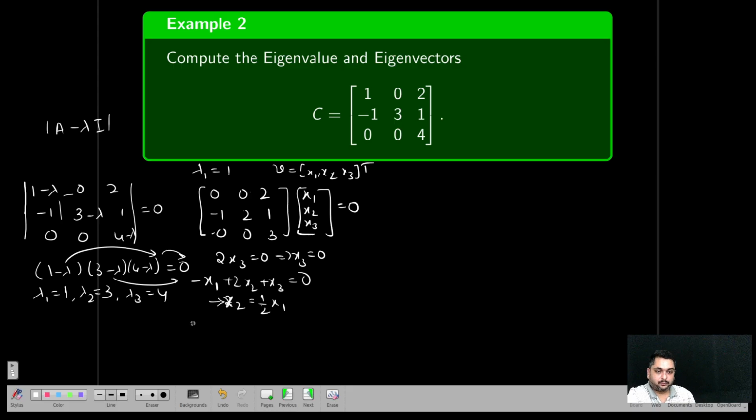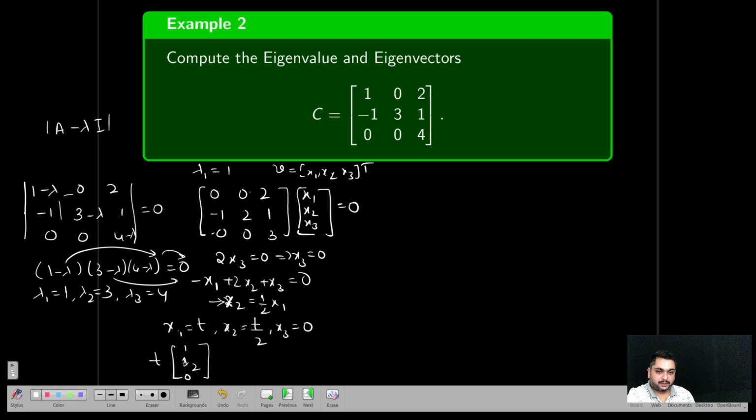So how will you find it now? Let's put x1 equal to t. Then x2 will be equal to t by 2. Then x3 will be equal to 0, already found out. So what is my eigenvector? It will be t into 1, 1 by 2 and then 0.